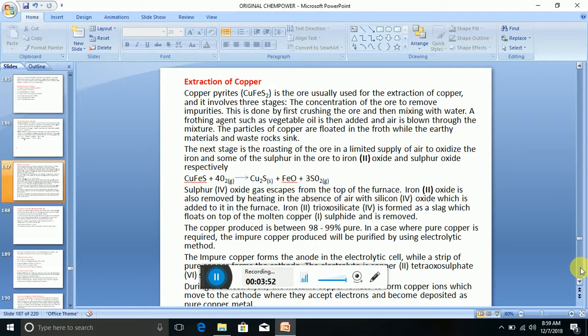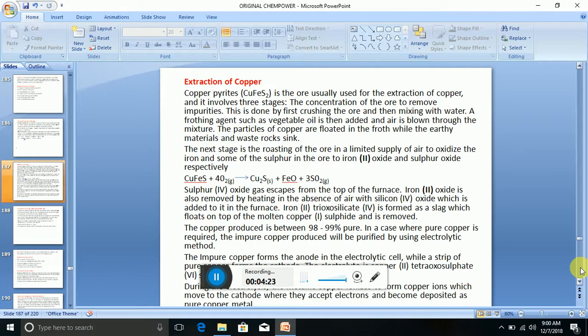Iron 2 oxide is also removed by heating in the absence of air with silicon 4 oxide, which is added to it in the furnace. Iron 2 trioxosilicate 4 is formed as a slag which flows on top of the molten copper 1 oxide and is removed. The copper produced is between 98 to 99% pure.